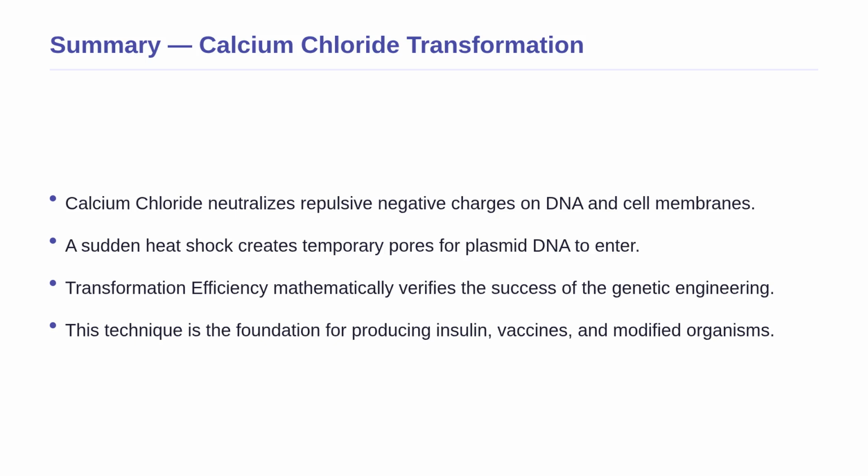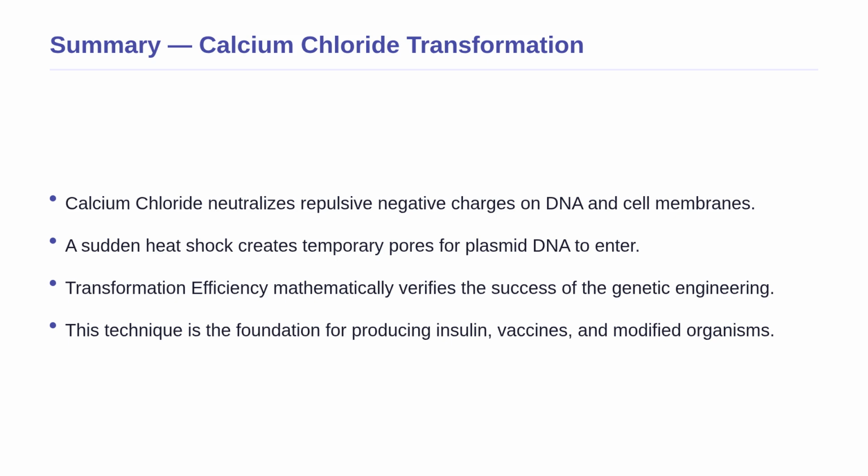We have covered a lot of ground today, so let us review our key takeaways. First, we learned that calcium chloride is essential because its positive ions neutralize the repulsive negative charges between the plasmid DNA and the bacterial cell membrane. Second, the sudden heat shock is what actually creates the temporary physical pores, sweeping the DNA inside.